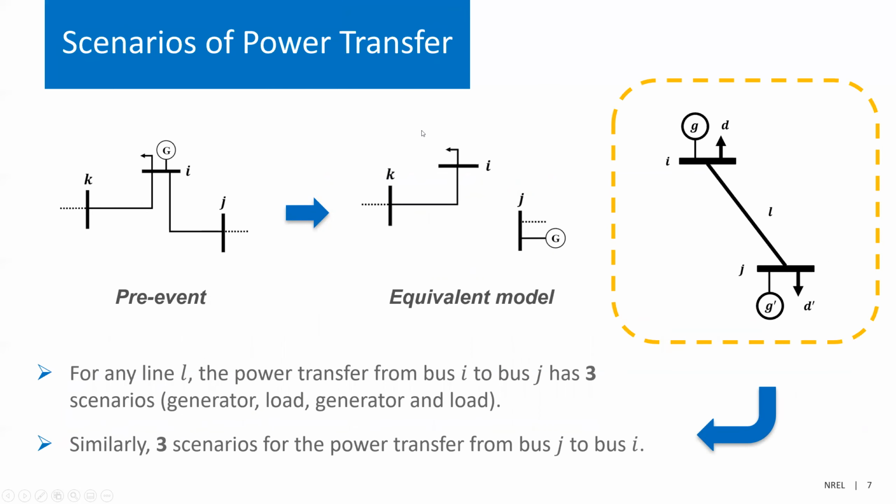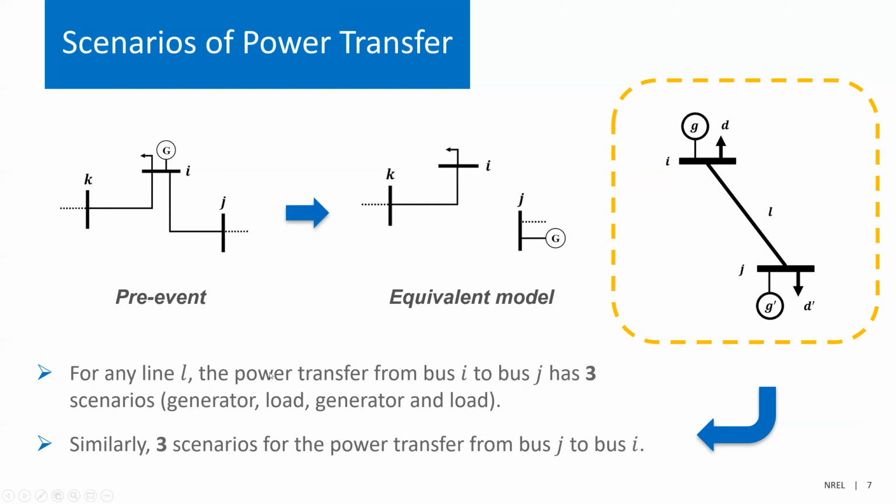We mentioned there is going to be power transfer involved in the bus split. So in this slide, we'll discuss the scenarios of the power transfer. Consider a generalized model of a single transmission line with two different buses, each of which has a generator and load. There can be multiple of them, but here we only show one generator and one load.